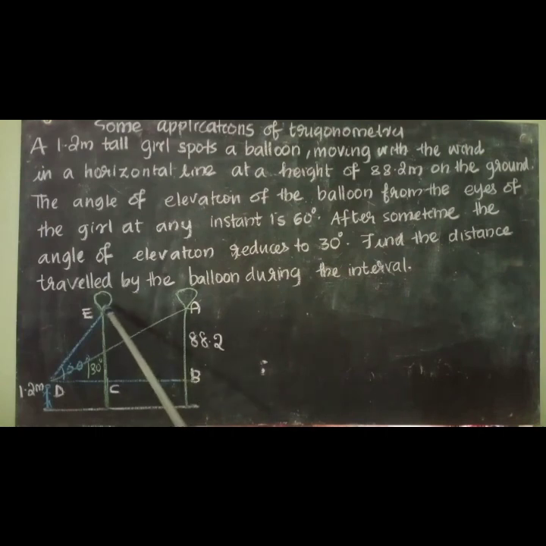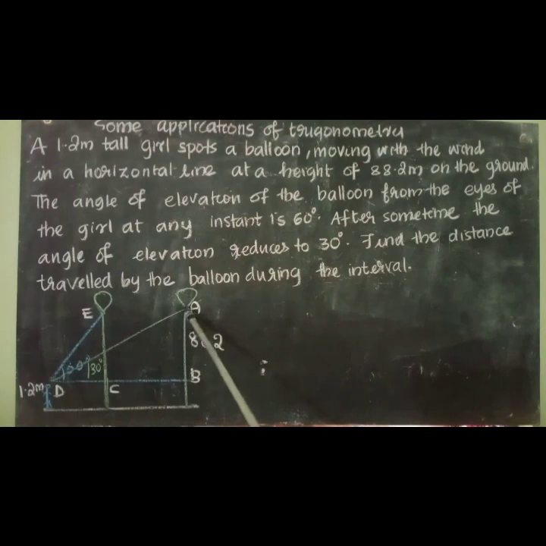Then the balloon moved to another position. Then the angle of elevation reduced to 30 degree. The question is, find the distance traveled by the balloon during the interval.